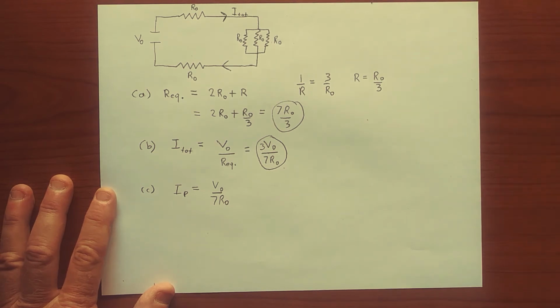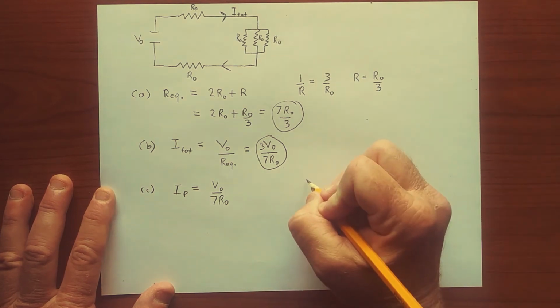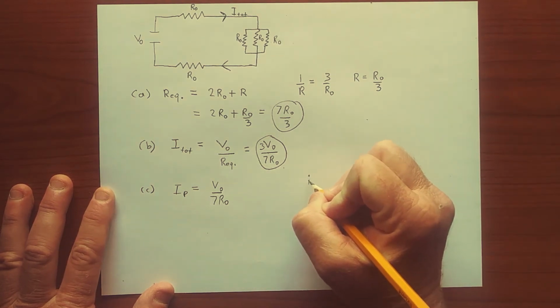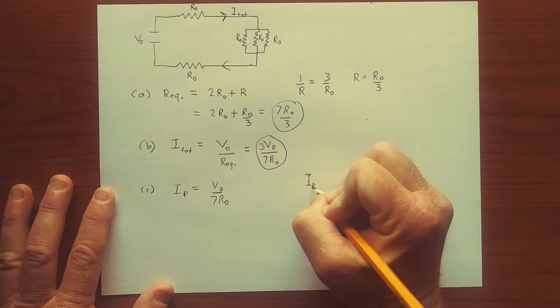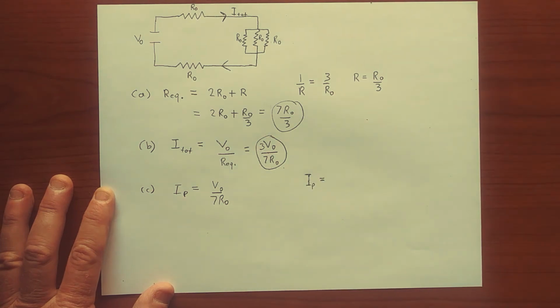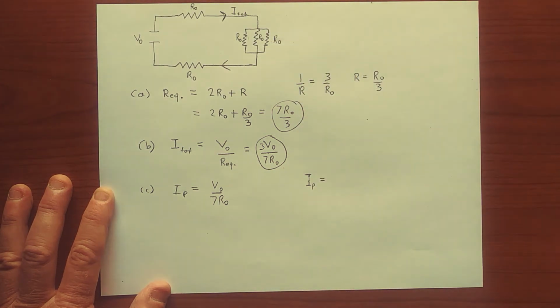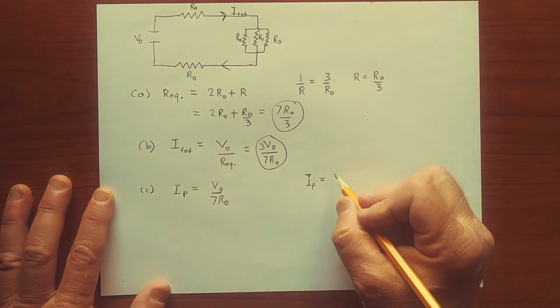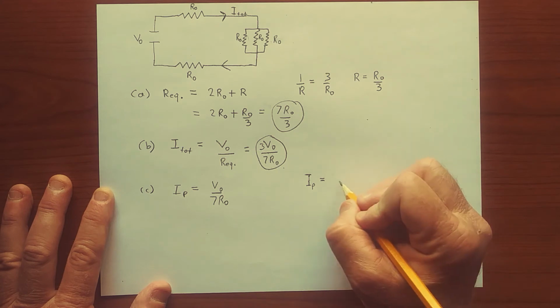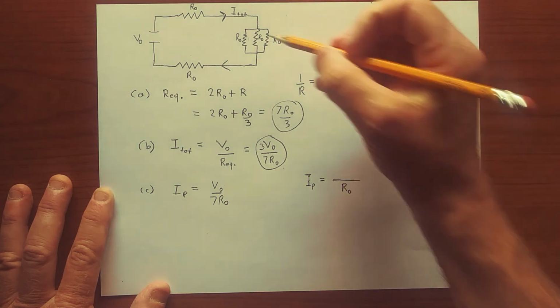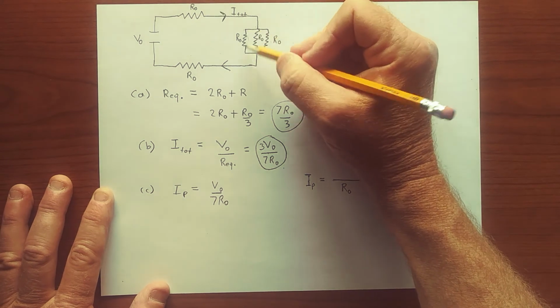So let's see, the current IP by Ohm's law, the current going through each of these is voltage over resistance, and the resistance of each resistor is R0, but what's the voltage across each of these?